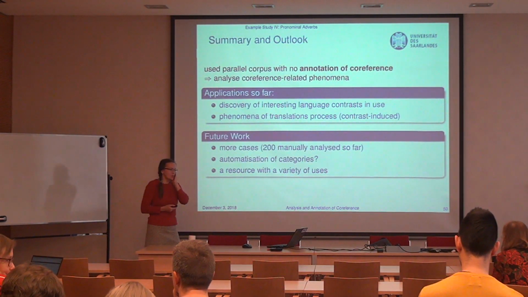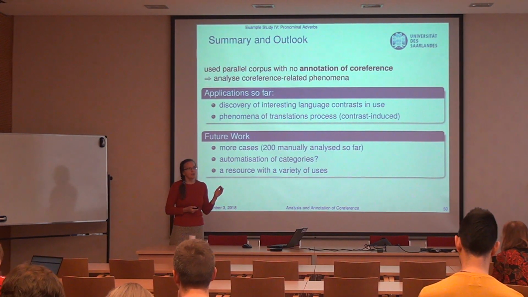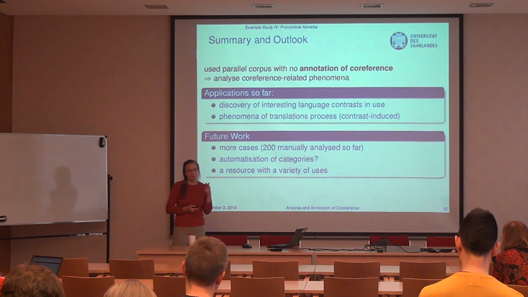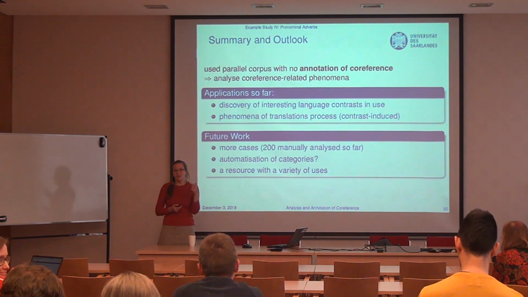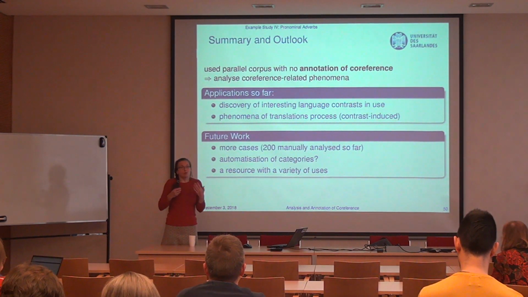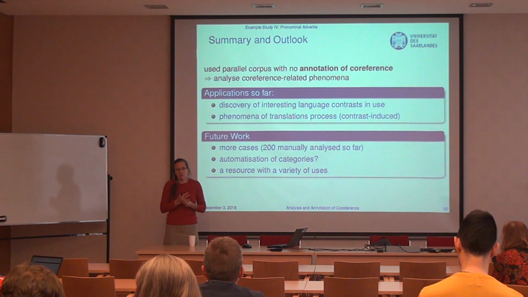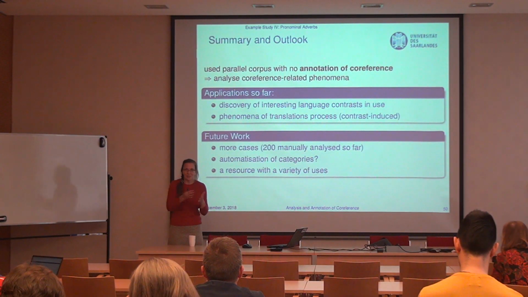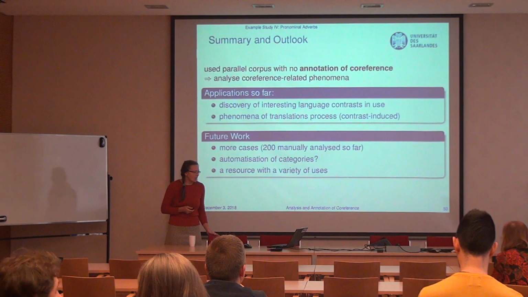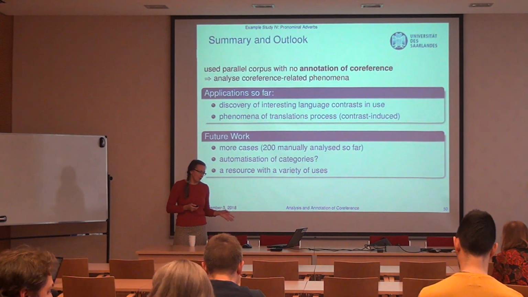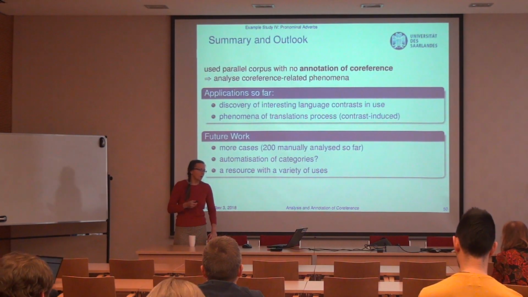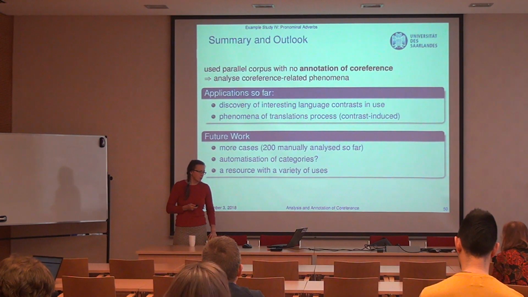We discovered interesting language contrasts in use, which in some cases differ from what traditional grammars say, or in some traditional grammars there is no description, because there are no contrastive grammars describing contrasts for all 4 languages, or at least for 2 languages. And at the same time we found some translation phenomena interesting for the translation process.